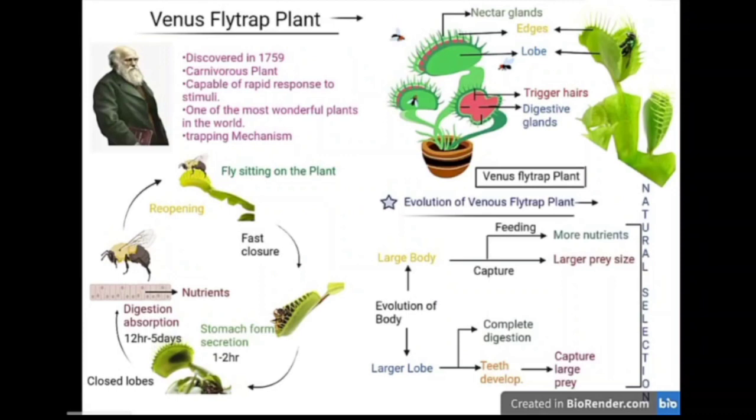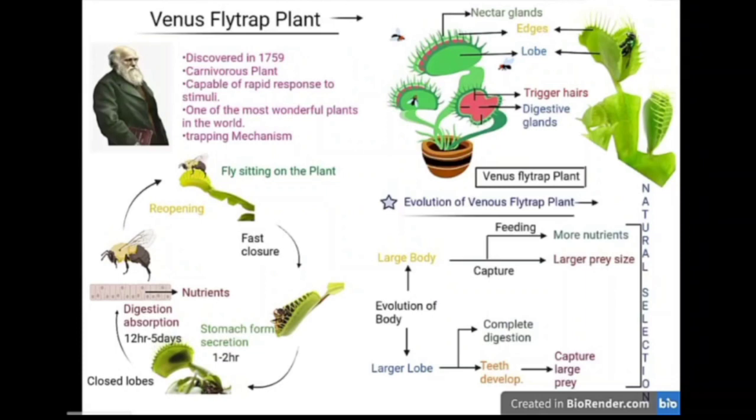So the trapping mechanism is the main characteristic of the carnivorous plant, that is the Venus flytrap plant. So, here is a cyclical structure which describes the trapping mechanism in plants. The Venus flytrap is one of a small group of plants capable of rapid response to stimuli.